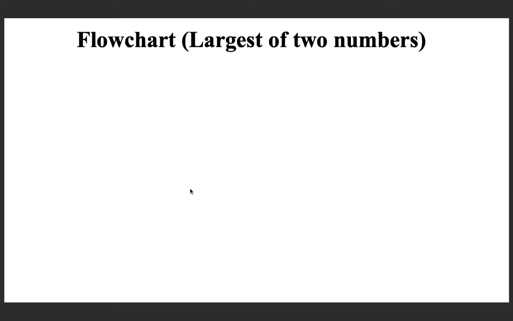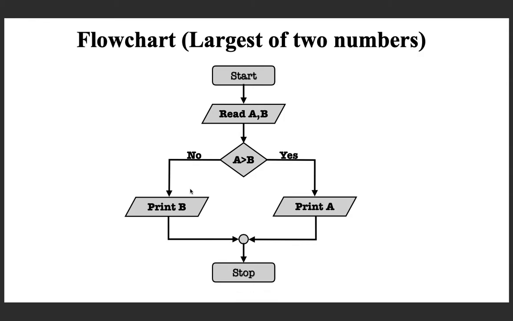The first example is to find the largest of 2 numbers. So, this is an example flowchart which represents a procedure to find the largest of 2 numbers. First, we can see various kinds of boxes used to represent the components of a flowchart.